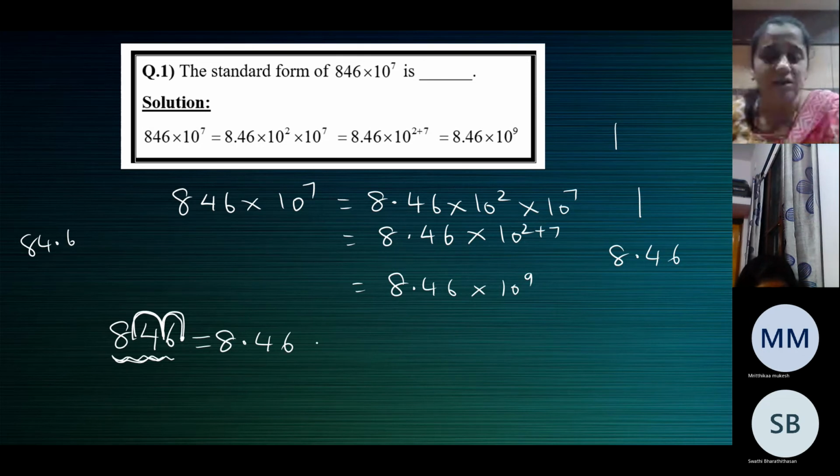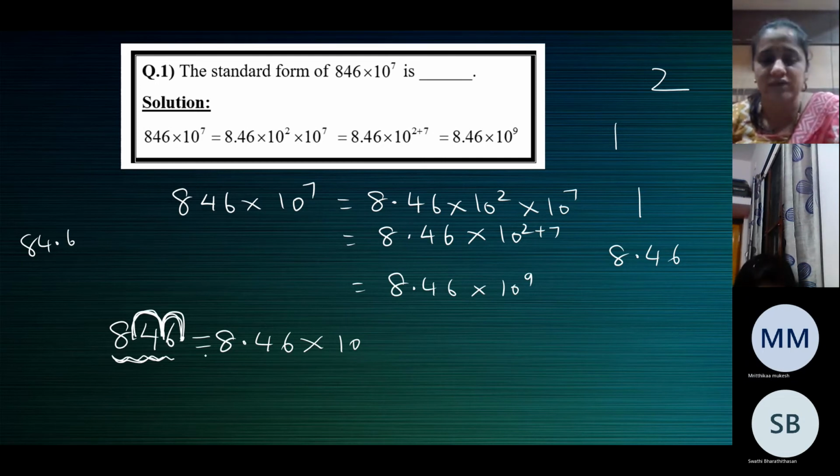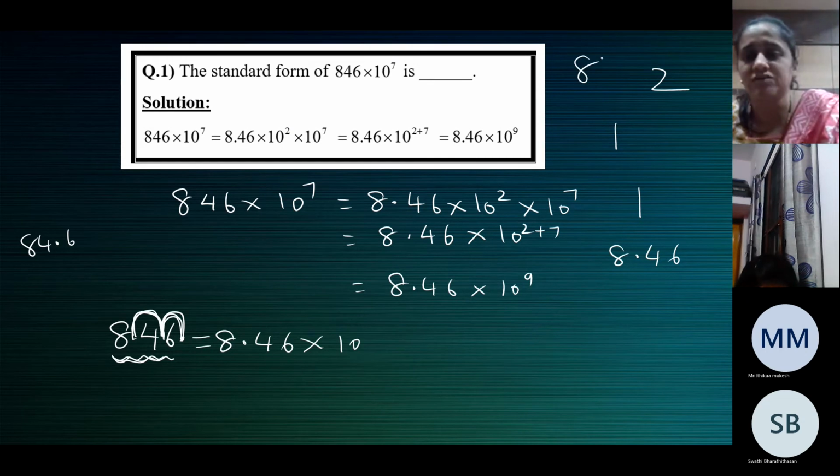That's the first step. Now into 10, you must raise 10 to a positive or a negative power. The power can be 0 also. Now you have shifted the decimal point by 2 places. By shifting the decimal point, you have reduced the value of the number. 846 has become 8.46.